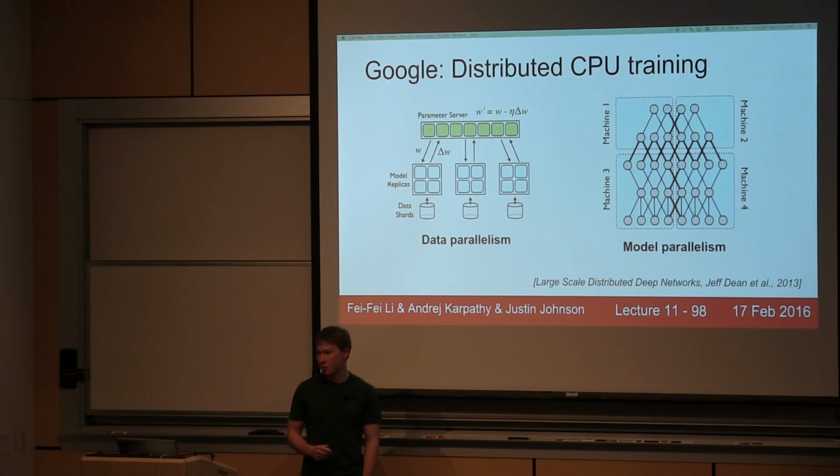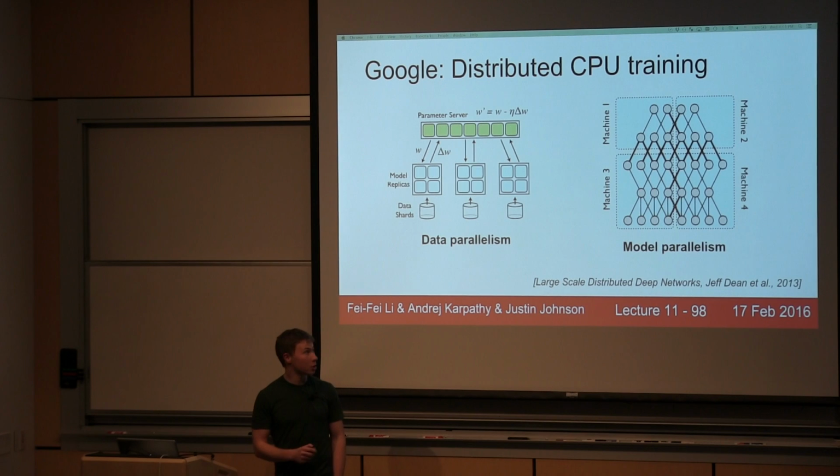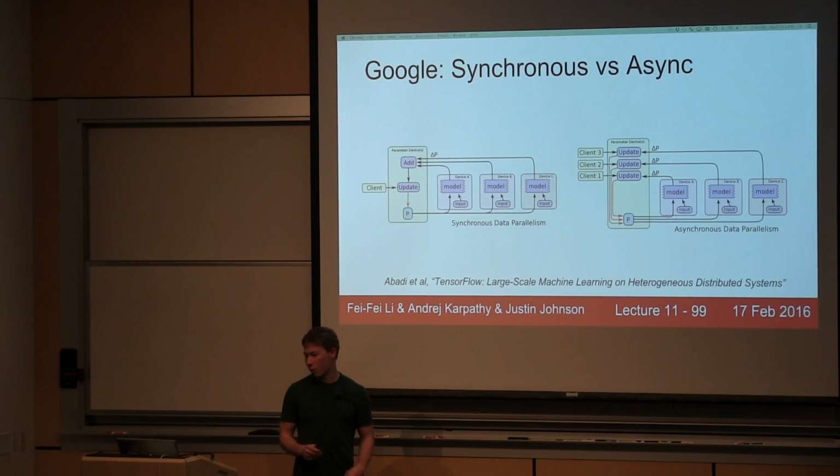They contrast this with model parallelism, where you have one big model and different workers computing different parts of the model. So in DistBelief, they did a really good job optimizing this to work really well across many, many CPUs and many, many machines. But now they have TensorFlow, which hopefully should do these things more automatically.